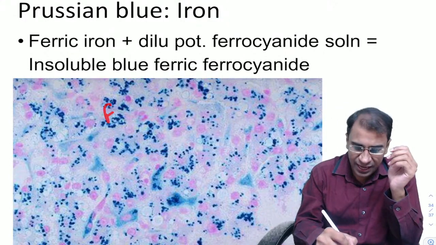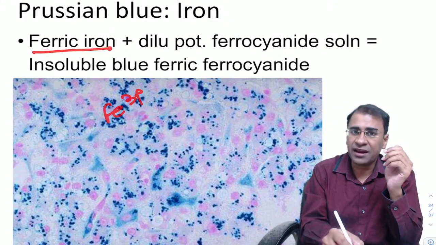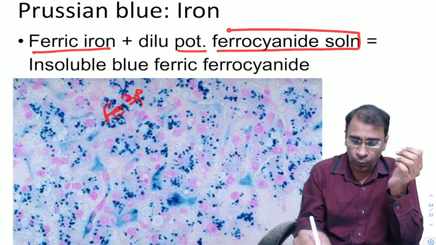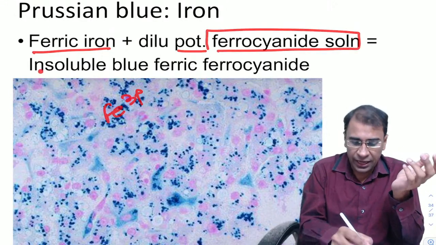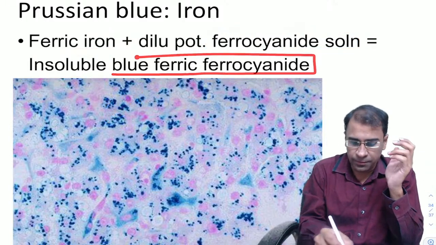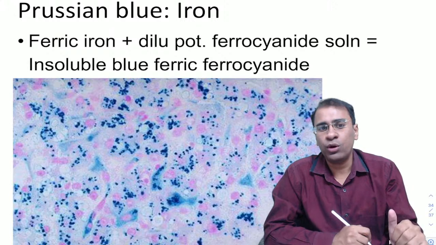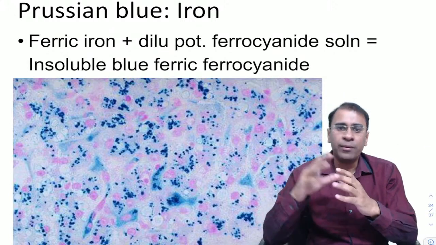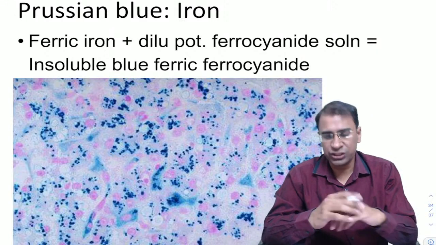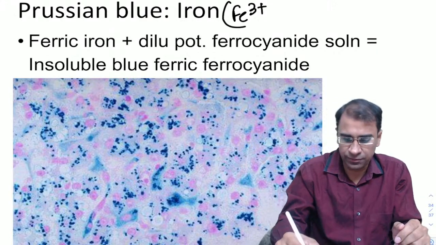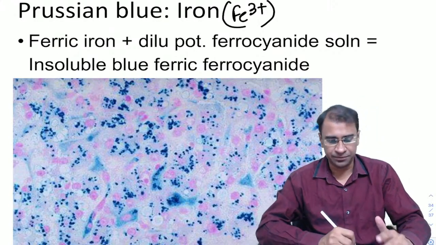If this area has Fe3+, the ferric iron will combine with the potassium ferrocyanide solution in the Prussian blue to make insoluble blue ferric ferrocyanide. So blue color shows the Prussian blue, which looks for the ferric state.